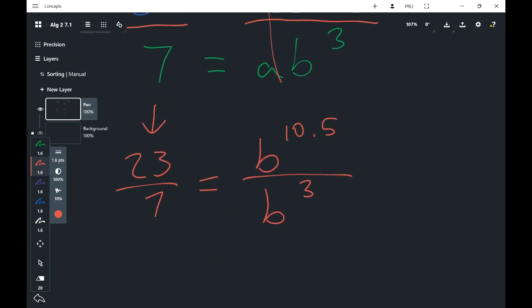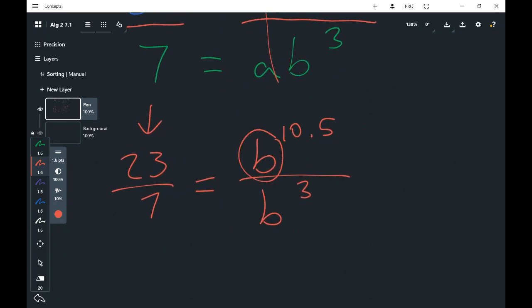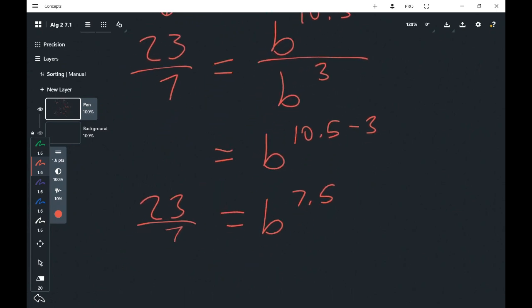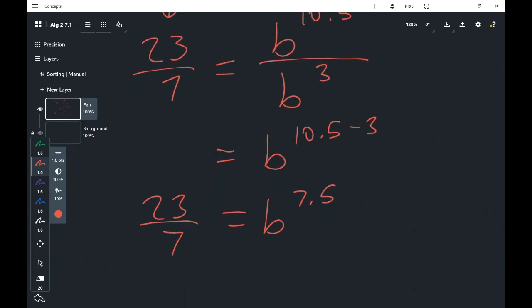And when we have powers like this with the same base, and we divide them, we take these exponents and subtract them from each other. So this is really b to the power of 10.5 minus 3, which is b to the power of 7.5. And it equals 23 over 7, which is gross.